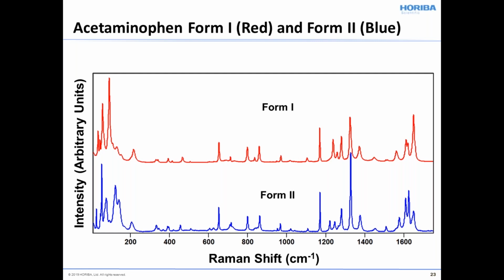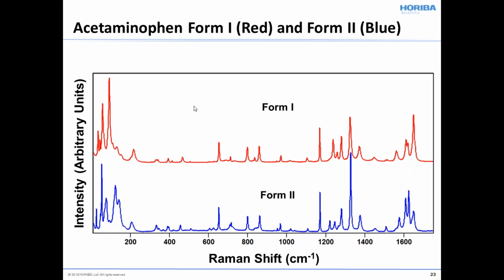And if you look at the spectra, they look fairly similar, as you might expect, because they're the same compound. However, if you look particularly in the low frequency region, you see that the band structures are different. And even in the high frequency region here, around 1600 wave numbers, you can see some differences in these bands.